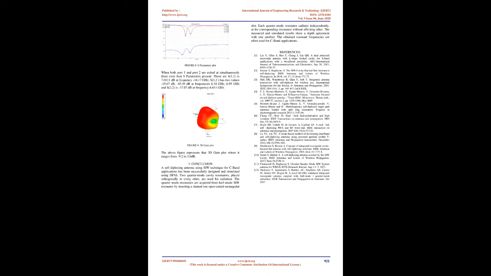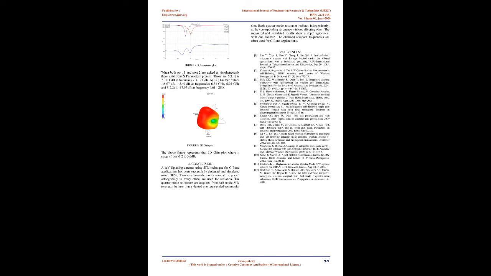When both port 1 and port 2 are excited simultaneously, there are four S parameters present. Those are S1,1 is -7.0111 dB at frequency 6.17 GHz, S1,2 has two values, -45.67 dB and -45.49 dB at frequencies 6.34 GHz and 6.95 GHz, and S2,2 is -17.07 dB at frequency 6.611 GHz.